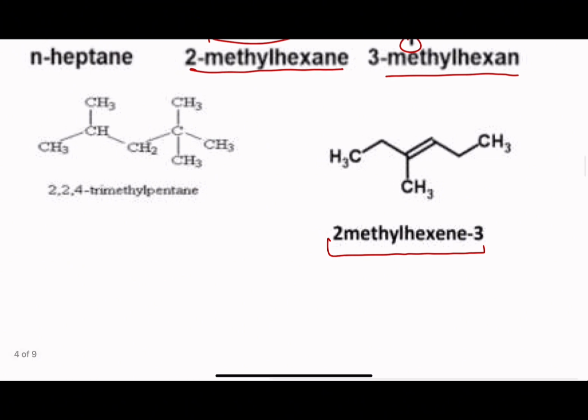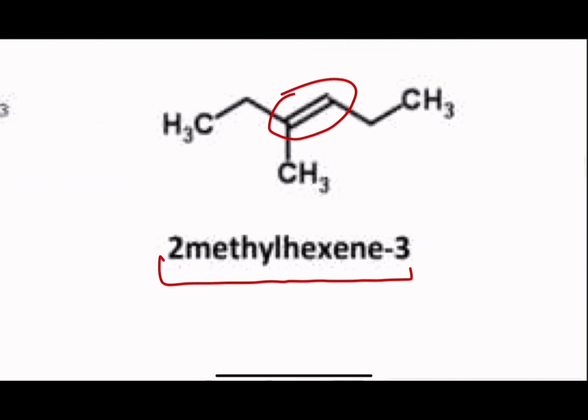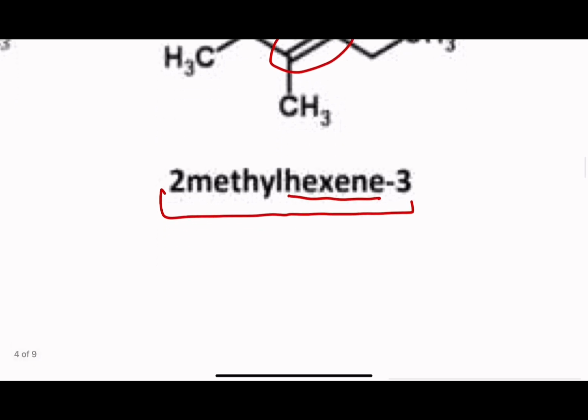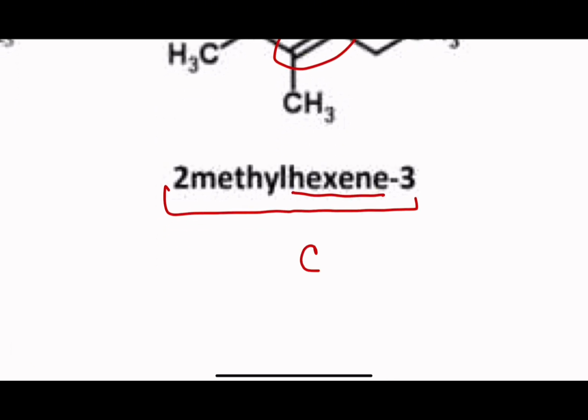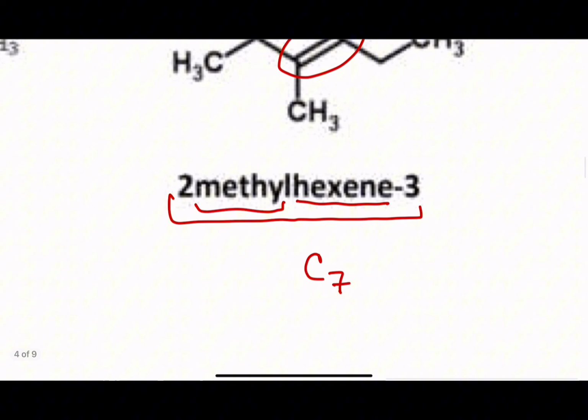In this case, as you see, we have a double bond unsaturation, so there is no way it can be an isomer of heptane, because hexane is C6 plus another methyl, so C7, and if you have one double bond, the unsaturation made it C7H14, not C7H16.